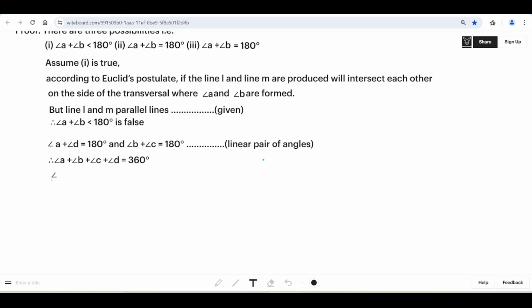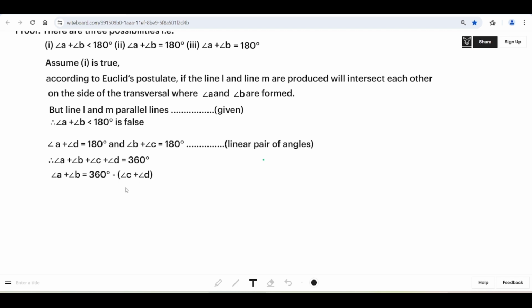Therefore, we can have angle A plus angle B is equal to 360 degrees minus, in brackets, taking C and D to the right hand side, angle C plus angle D. Okay, now see.